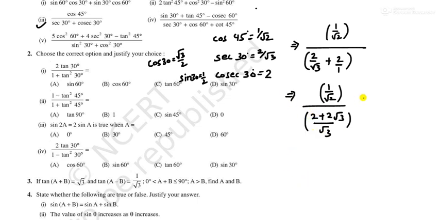Next, we'll do this thing. See, write this here, 1 by root 2. Now this denominator, when you bring it to the numerator, this gets multiplied and this will be written as root 3 into 2 plus 2 root 3. Got it? Yes, you have to write it like this. Next, multiply this. So 1 into root 3 is just root 3, right?